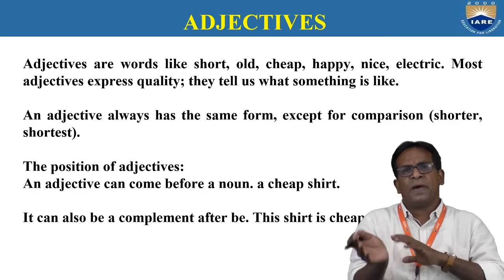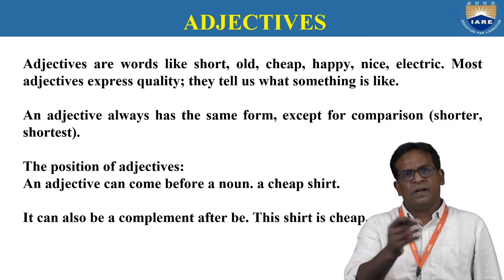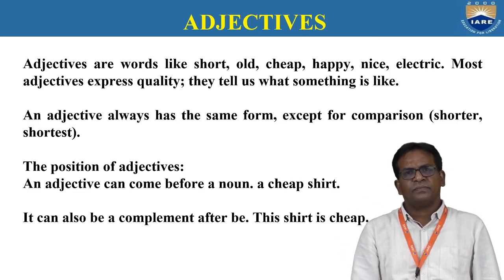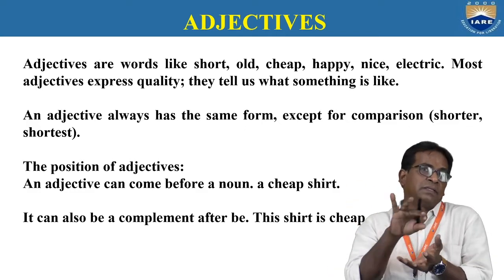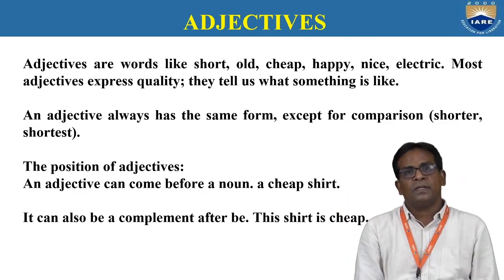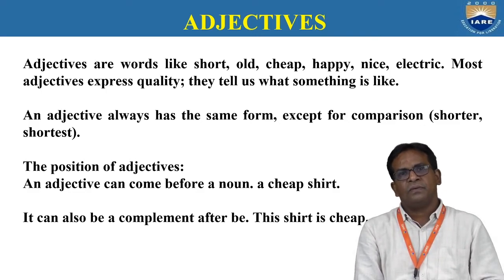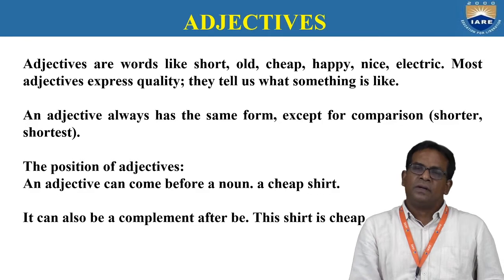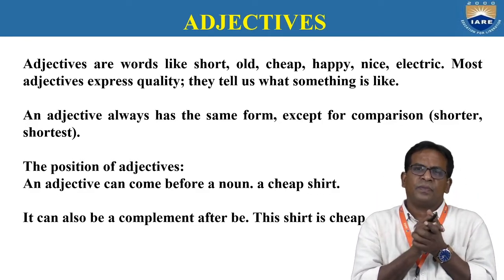When you compare things: good, better, best; great, greater, greatest. That is a different topic. Then we can change the form of the adjective. But here, the adjective form is always the same.